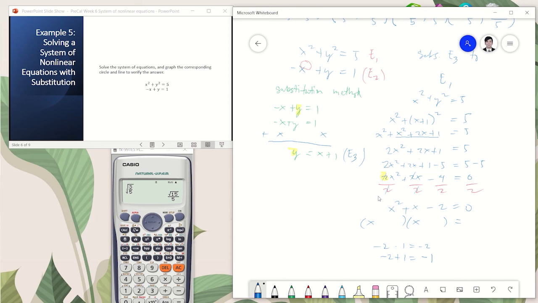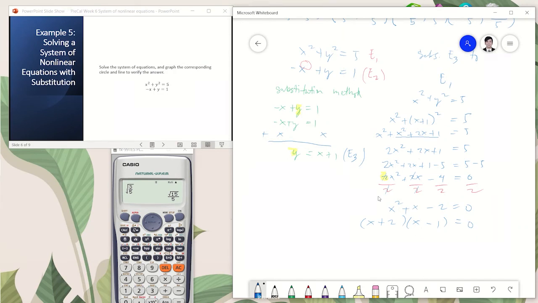So perhaps the issue is just the sign. Instead of 2 as negative, 1 will be the negative. 2 times negative 1 is negative 2, but 2 plus negative 1 is already 1. So there you go. Plug in positive 2, then minus 1.